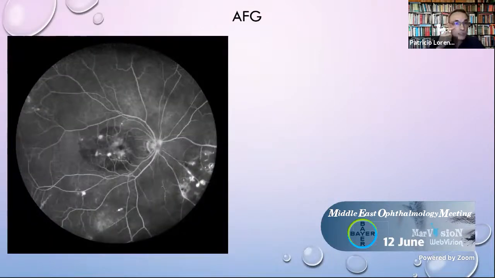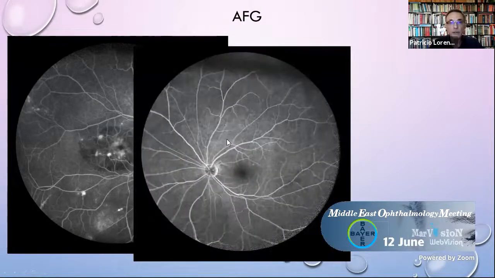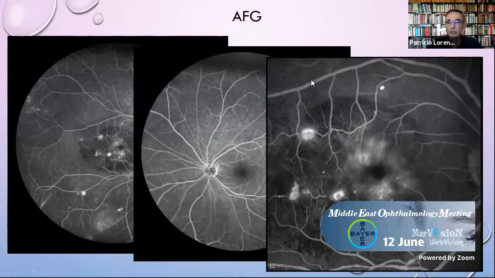For the wide field, we can see that the dilatations are not only limited to the macula, we have some superotemporal vascular dilatations, inferotemporal, and nasal with some areas of capillary non-perfusion. Left eye was normal. This is a small area of RPE thinning here. And you can see that there is some leakage in the late frames of the fluorescein angiography. And you can see also very clearly the dilatations.